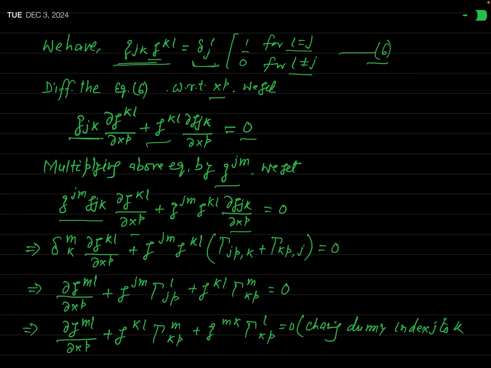But the product of these two fundamental tensors is simply equal to the Kronecker delta Mk. Kronecker delta Mk, and this partial derivative is as it is. Since here both of the fundamental tensors are contravariant, you can't write this product equal to Kronecker delta. This is as it is. And del GJK by del XP.